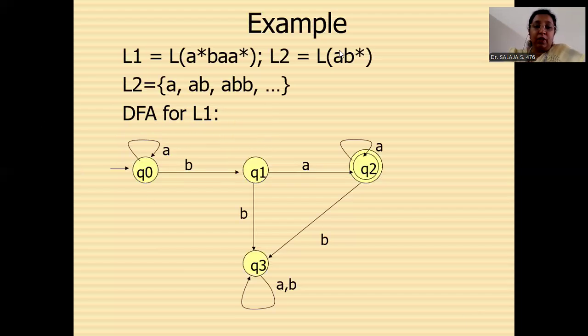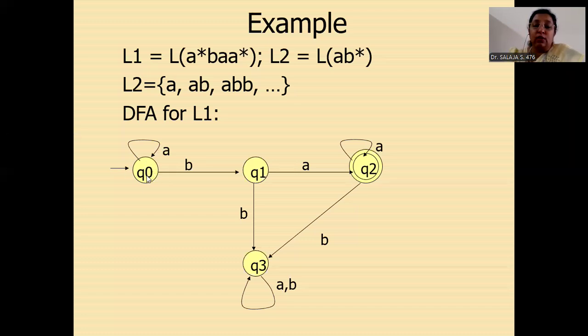It's very simple. You consider every state as the initial state. First, let us take Q0 as the initial state. If Q0 is the initial state, you take any string from L2. From Q0, it has to reach the final state. So if I take A, on reading A, it will stay in Q0 itself.